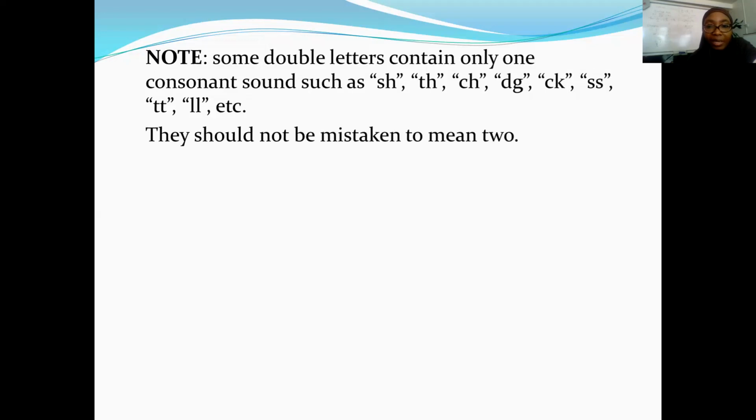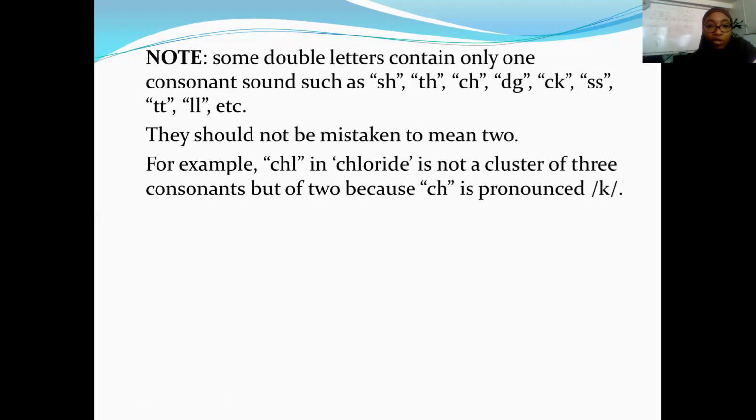They should not be mistaken to mean 2. For example, the CHL in chloride is not a cluster of 3 consonants, but of 2, because CH is pronounced K. So in the word chloride, it is just a cluster of 2, not 3.